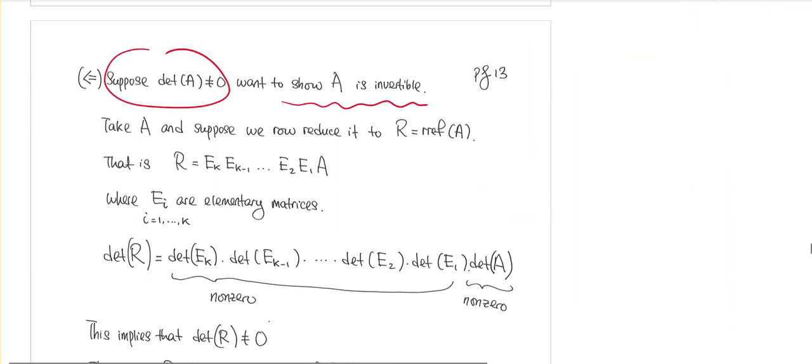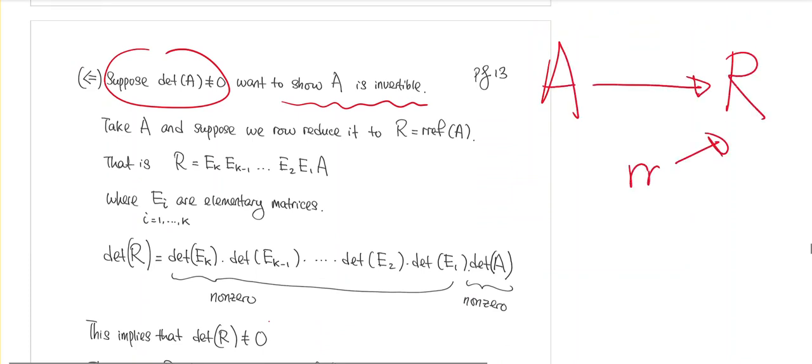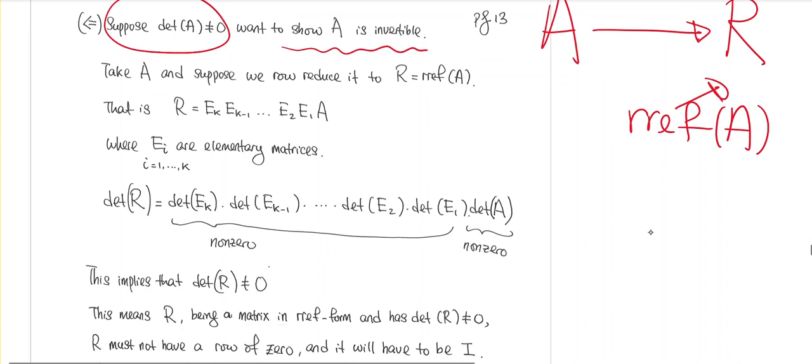Well, one way is to imagine you take the matrix A and you start to row reduce it all the way to RREF. This is the RREF of A, the reduced row echelon form, which means that if you have a pivot, everything above the pivot has to be 0, everything below the pivot has to be 0. Now, assume that we're doing this.